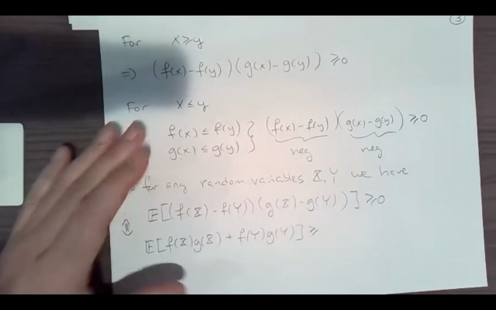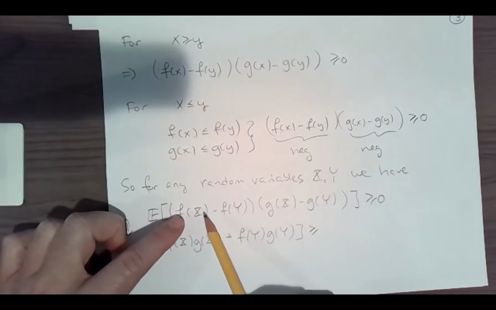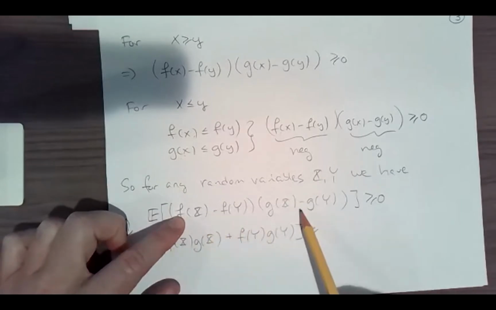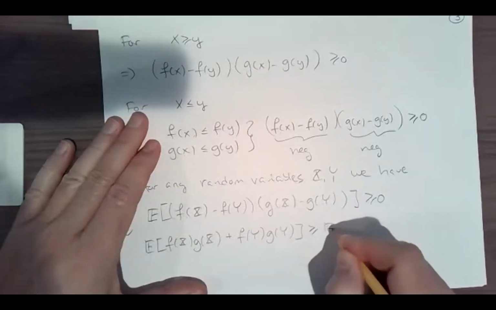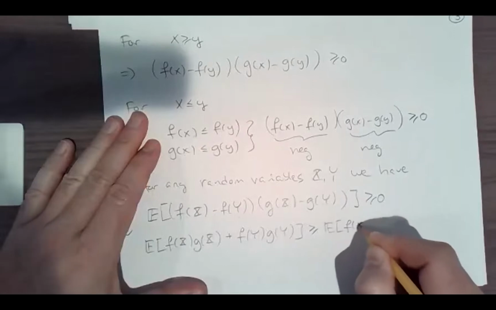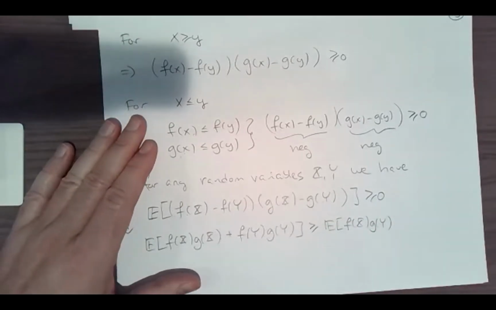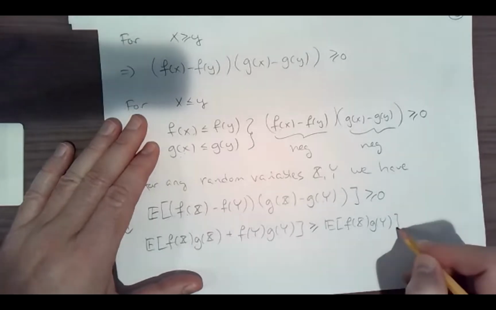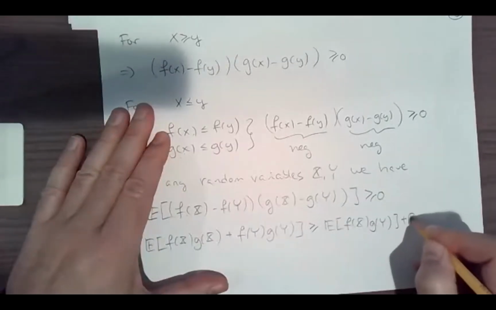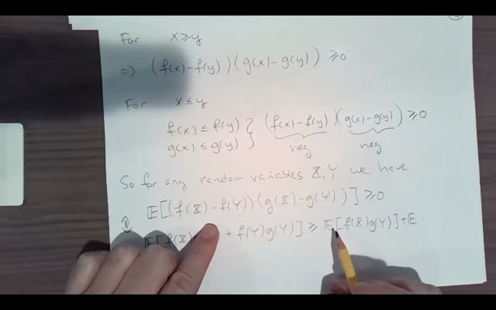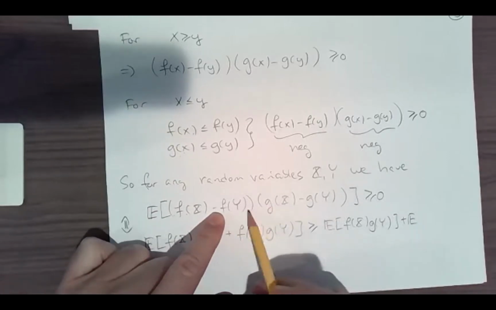This is going to be bigger than, okay, so what is left? I'll have f times g with a negative sign. I'll move to the other side. I'll get the expectation of f of x, g of y, plus the expectation of f of y times g of x.